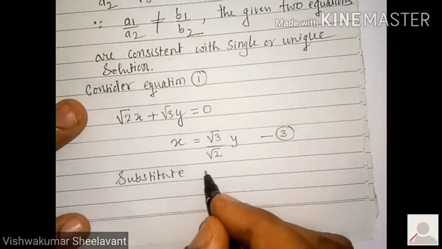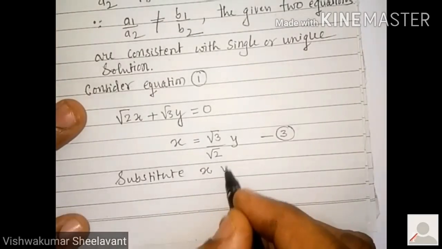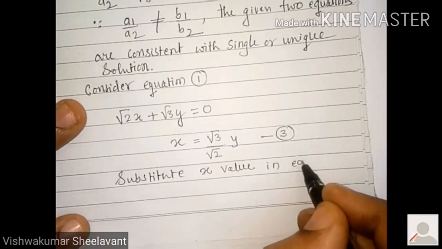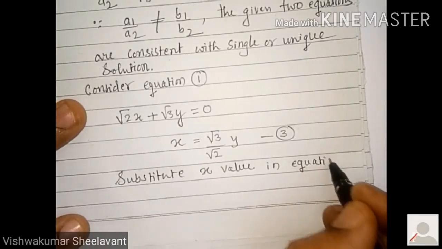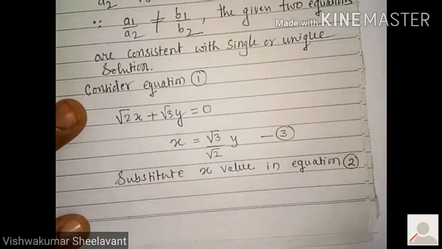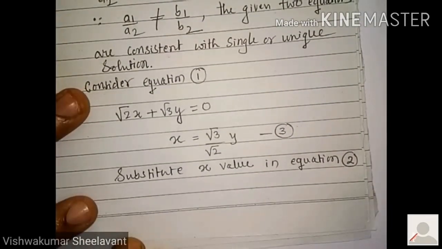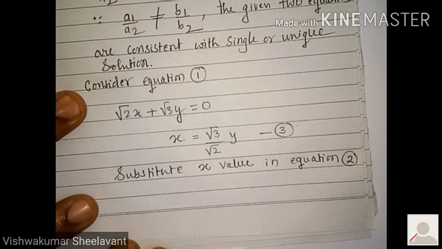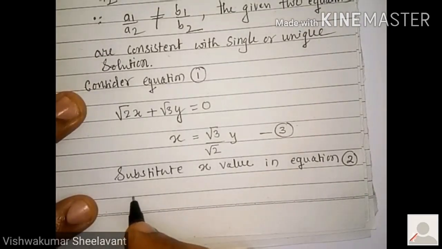Substitute x value in equation 2. Equation 2 is root 3x minus root 8y.